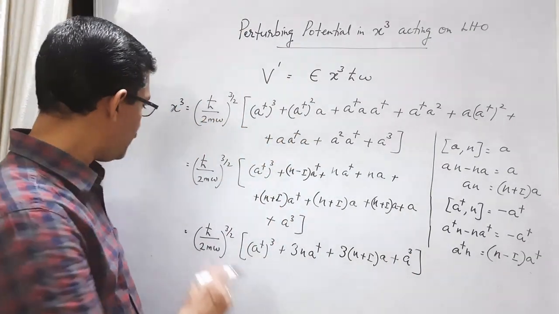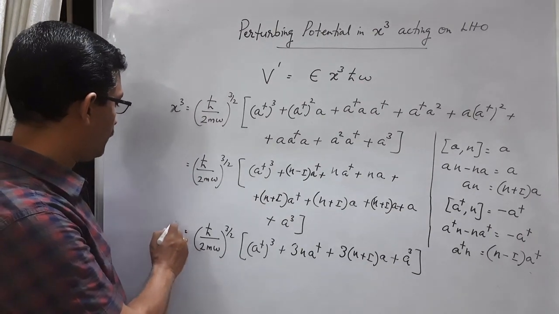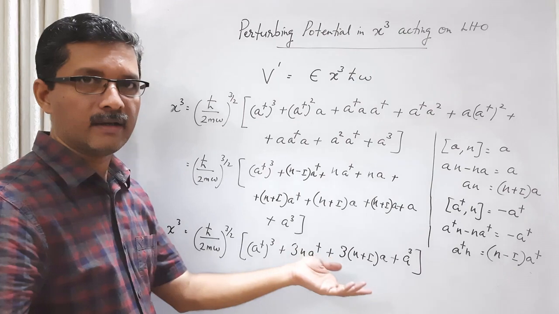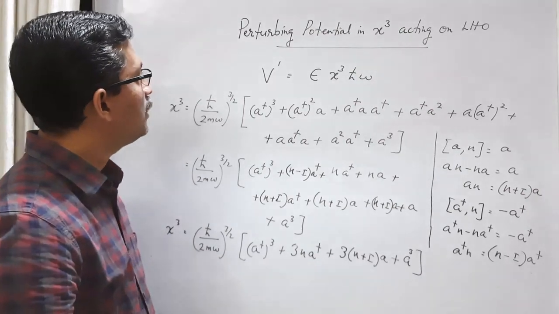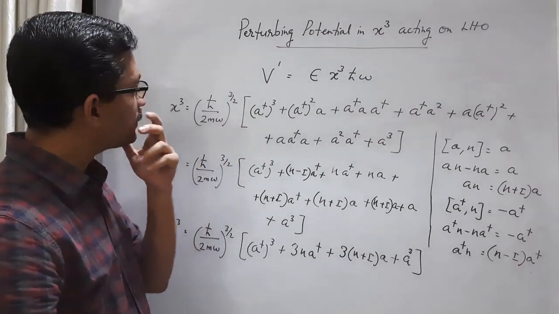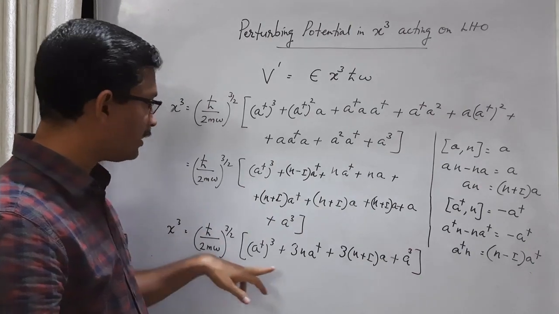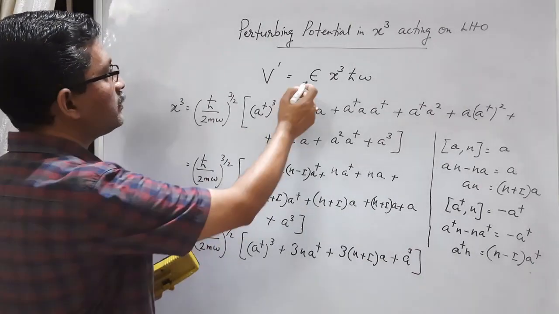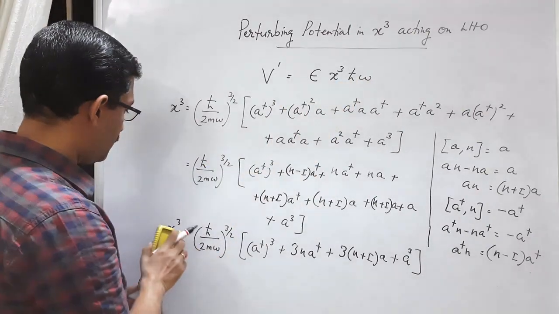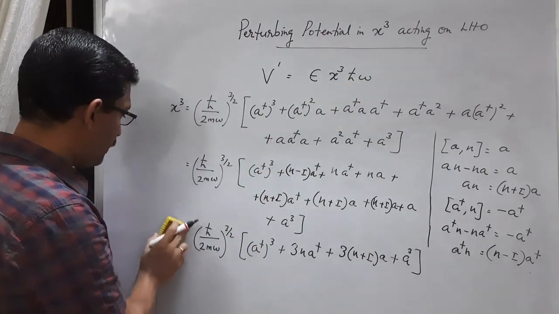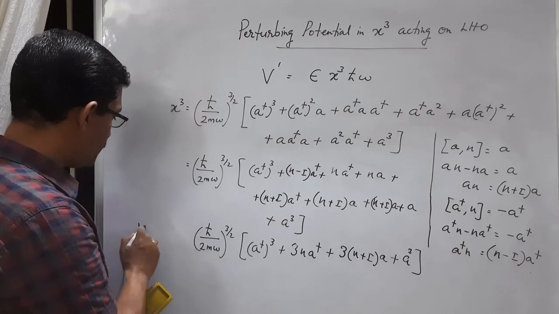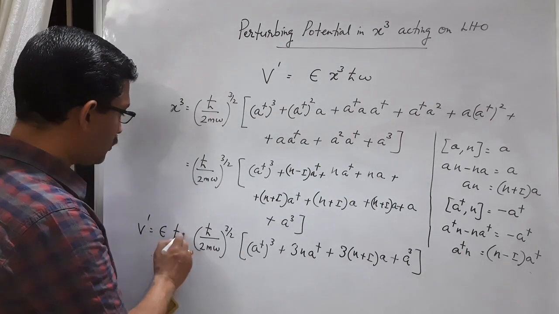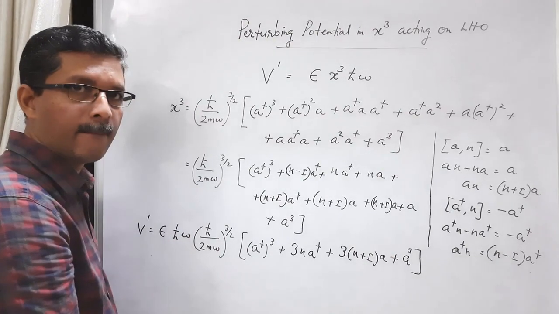Right? So this is the expression for x cube operator in terms of a and a dagger, creation and annihilation operators. Then what is our V prime operator? V prime operator we can write in terms of this. Okay, simply what is V prime? V prime is epsilon x cube into h cross omega. So V prime is equal to epsilon, this is x cube, h cross omega into this.